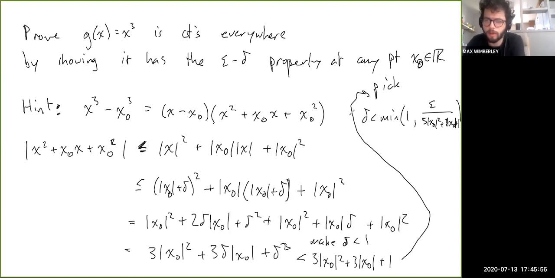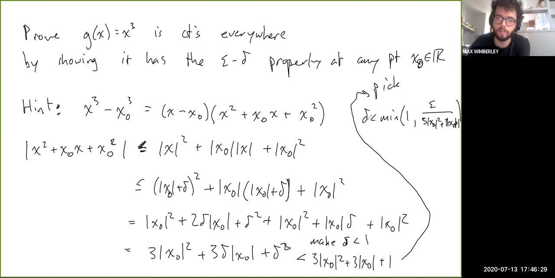So any questions about this? Do you see how the proof proceeds after you pick delta this way? If you take the absolute value of x cubed minus x naught cubed, that's equal to the absolute value of x minus x naught times the absolute value of this thing. And we bounded the absolute value of this thing above by 3x naught squared plus 3x naught plus 1.